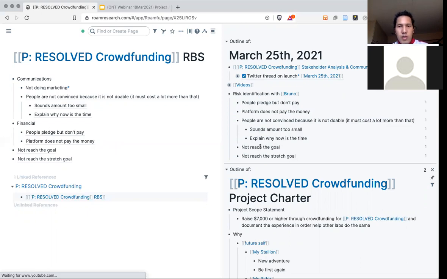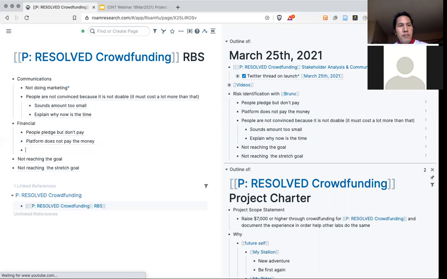So for example, people pledge but don't pay. It will surely happen, but almost no impact, because it will be a minority of people. It will not be all together. So let's say this one, P2, will be certain.